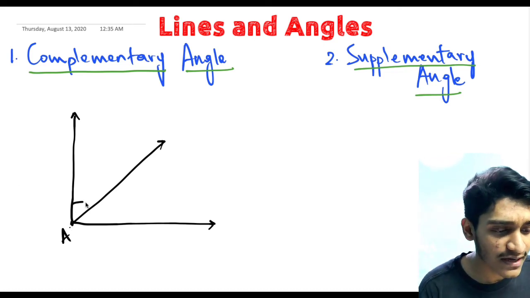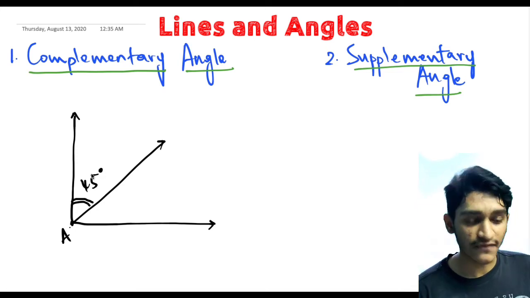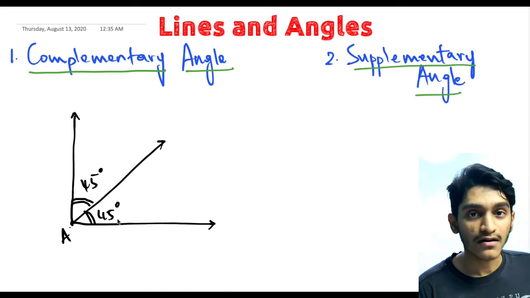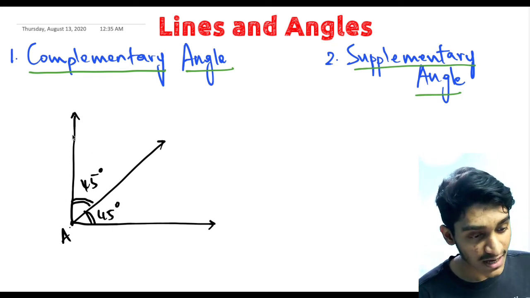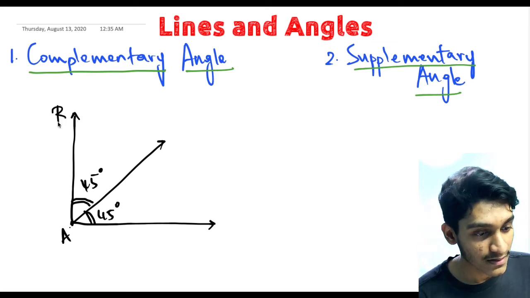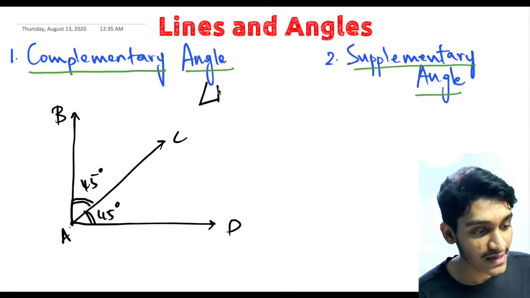Now you find that this angle over here is 45 degrees. This angle over here is 45 degrees. Let me label the points B, C and D. So this angle I write like this, angle BAC.